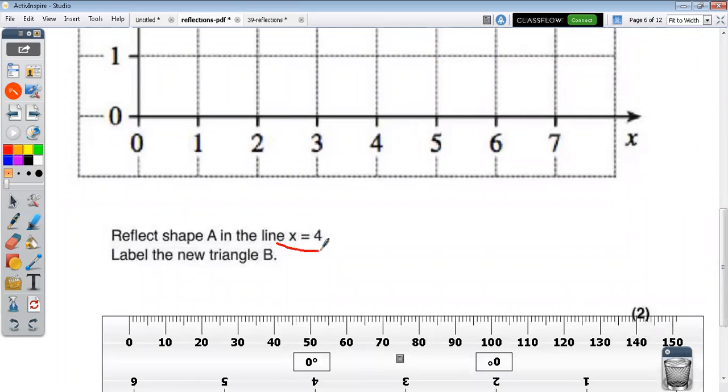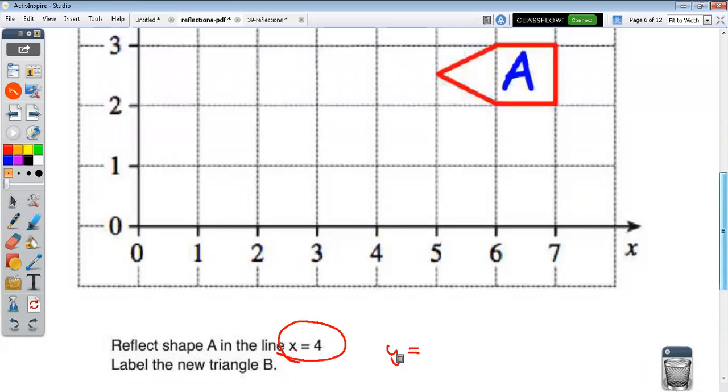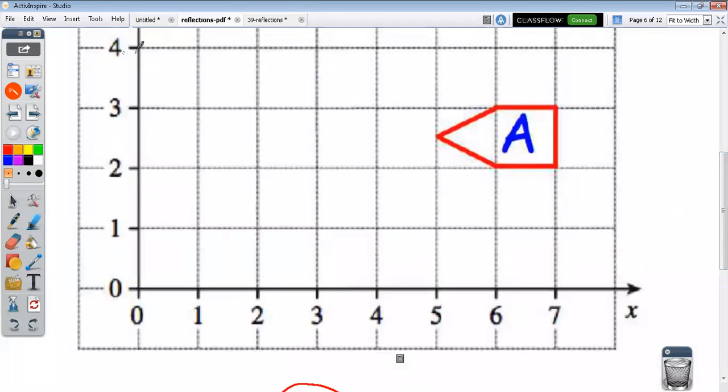Now, look at this. Now we are not saying y is equal to 4. We are saying x is equal to 4. So x is equal to 4. If it was y is equal to 4, it is this line here. Clear? x is equal to 4 is this line.